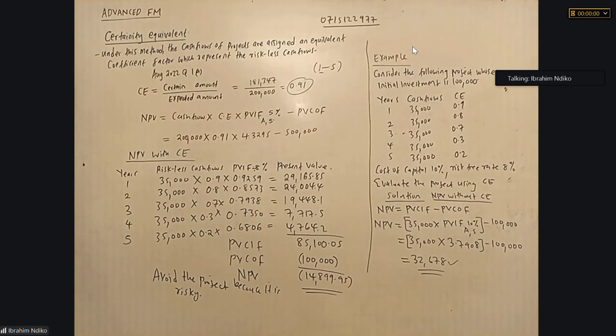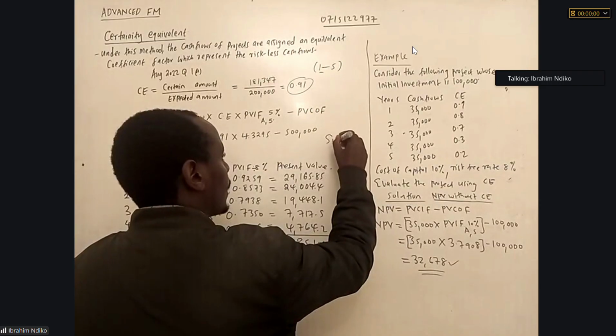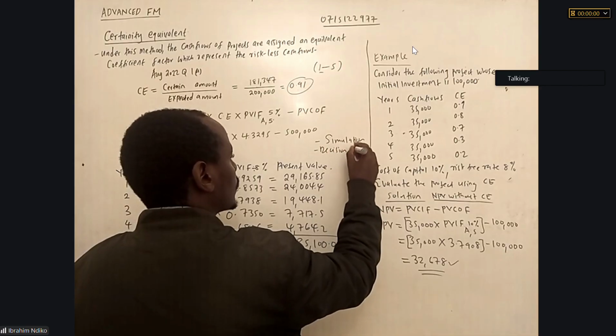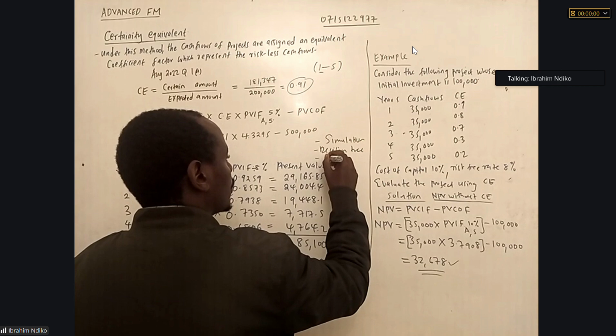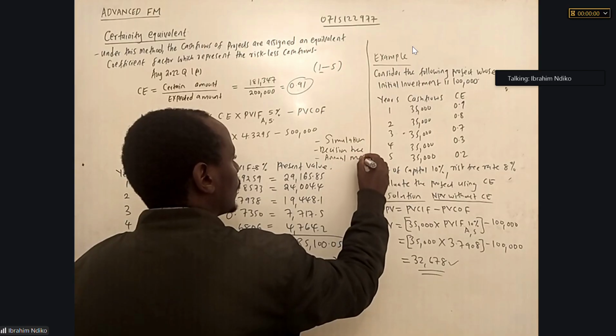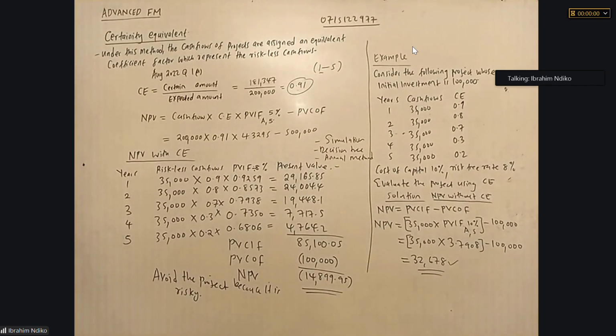Number 2, simulation analysis. So what is remaining? We remain with simulation, decision tree, annual annuity method, replacement chain method, and bond refinancing.